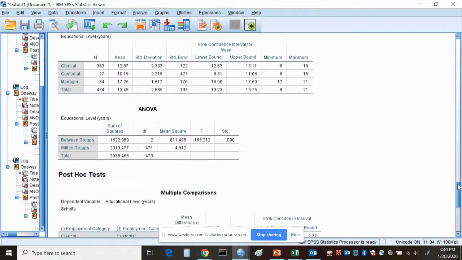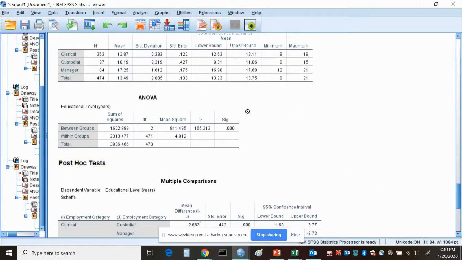So if we look at the ANOVA, we see that it is statistically significant, which again is interpreted as the average years of school is different when comparing clerical workers, custodial workers, and managers. That p-value, that significance level, does not tell us where the difference is.